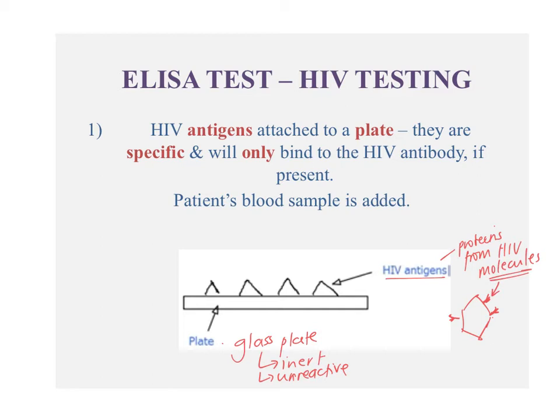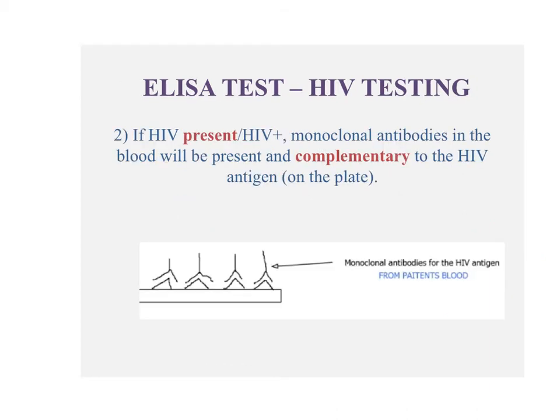And what I do then is I apply a small sample of the patient's blood to the plate. If I've got HIV in my blood, so I'll just quickly draw that in now, I've got blood, I'm going to be hopefully producing some antibodies to help fight that HIV. And that's what we can see here in the diagram.